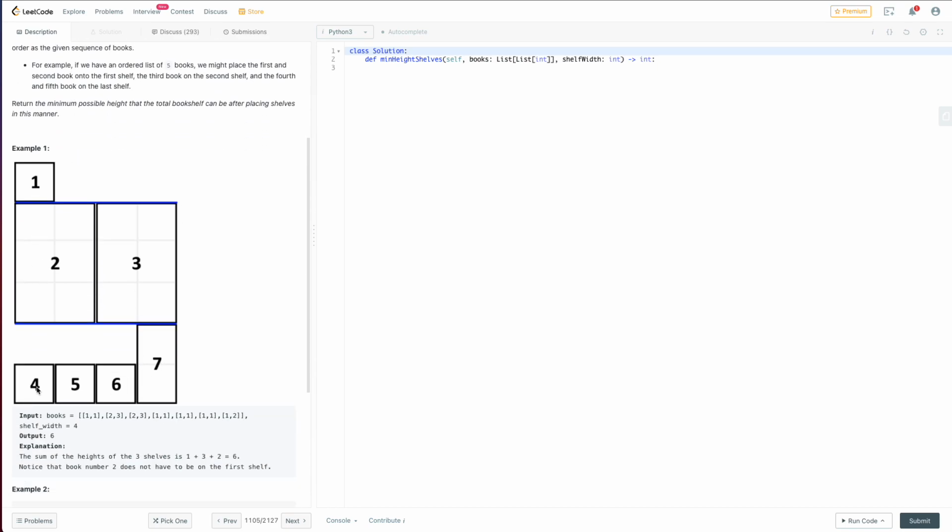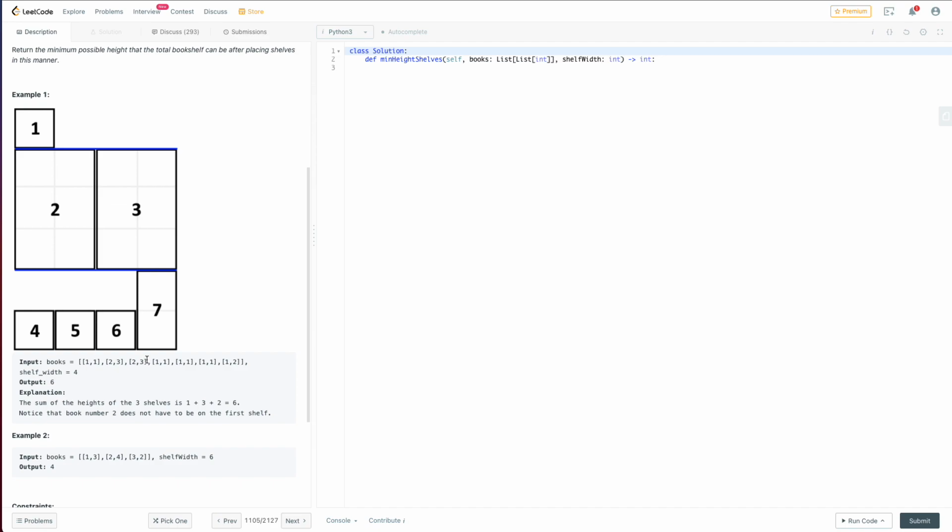So we always put them in order, but then the organization is up to us.